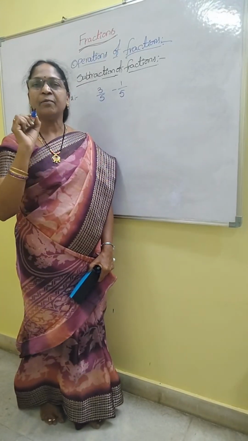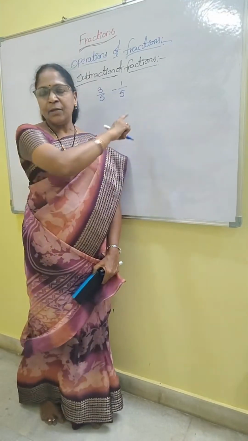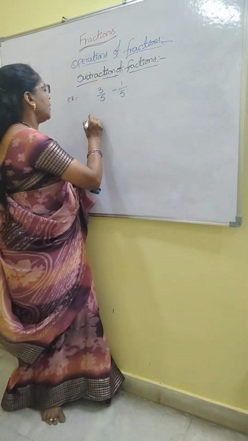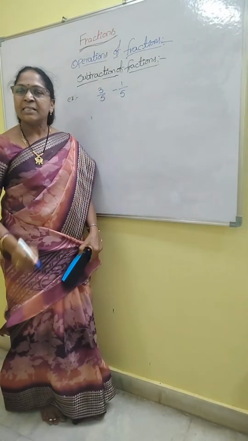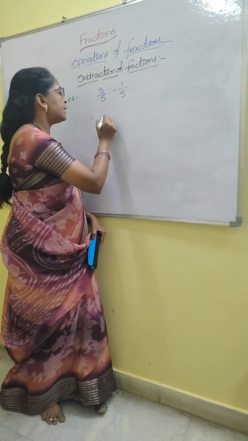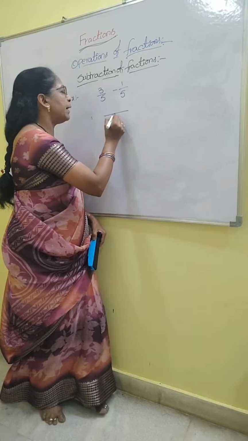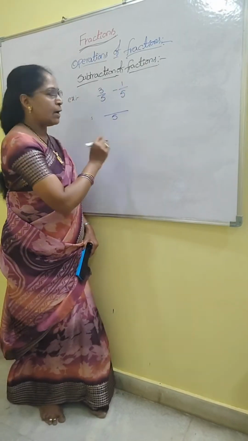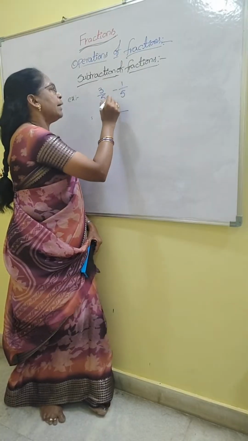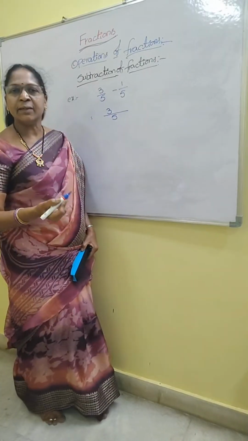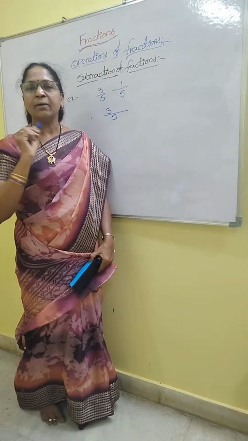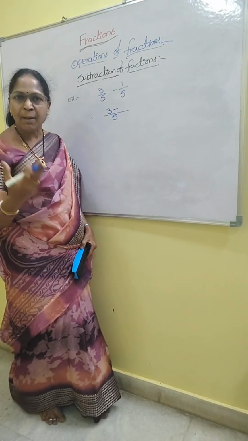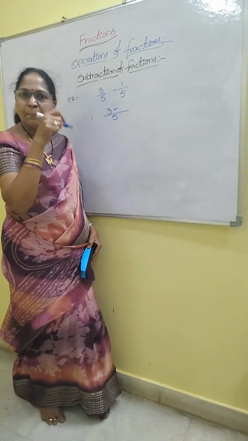Because denominator value is same. Here you can observe it clearly. Whenever denominator is same, simply you can write the denominator as it is. Now, numerators as it is, you have to write down. And whatever the symbol is given, that symbol as it is, you have to write. Right? Minus is given, minus. Plus is given, plus.